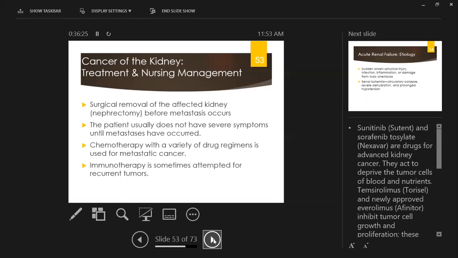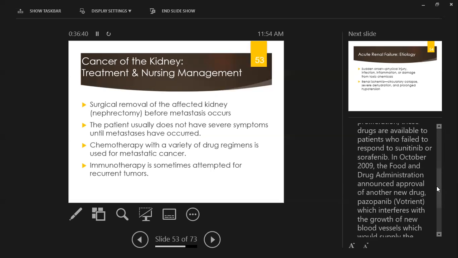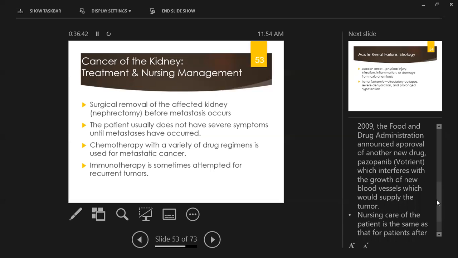Also, newly approved drugs that are more controversial, but are currently being used, are Torisel and Afinitor, which inhibit tumor cell growth and proliferation as well. The drugs are available to patients who fail to respond to the other medications.